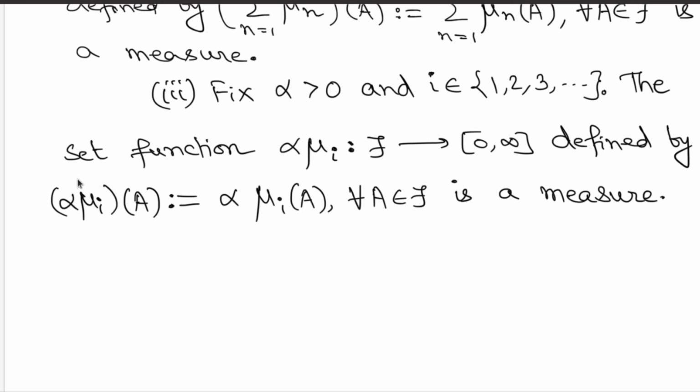Alpha times mu i associates the size to an arbitrary set A according to this formula: you first look at mu i of A, meaning the size of the set A according to the measure mu i, and multiply it by alpha. But then this will be a non-negative set function because alpha is non-negative, and you can immediately prove the countable additivity exactly as discussed earlier.